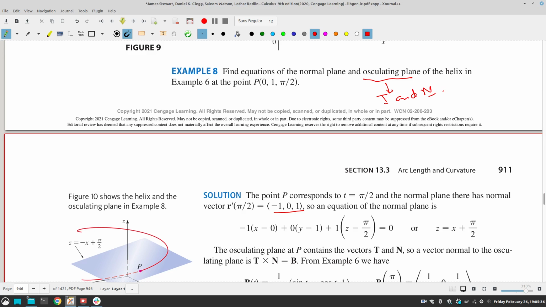This is not equal to n. We don't need n, we just need the directions of t and n. Sorry, this is not parallel to n, this is parallel to t. I'm really sorry. R prime is parallel to t.